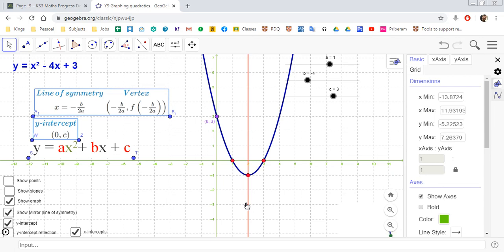That's why the line of symmetry is crossing here at x equal to positive 2. So the x for the vertex and the line of symmetry are going to lie on x equal 2, for this equation in which you have b equal to minus 4 and a equal to 1.